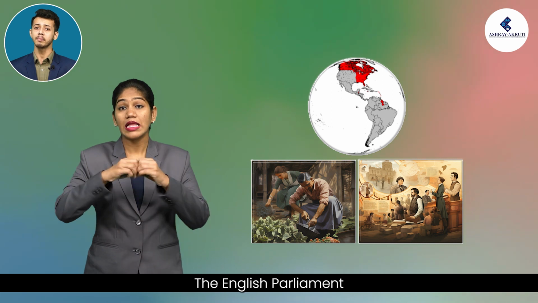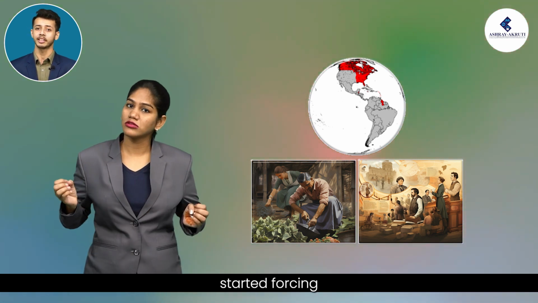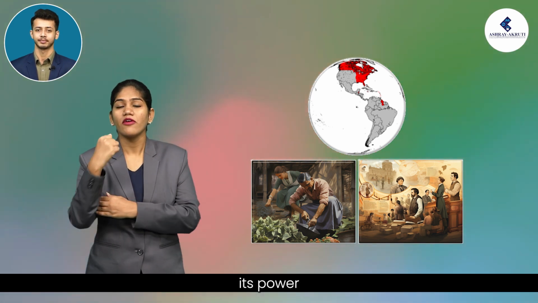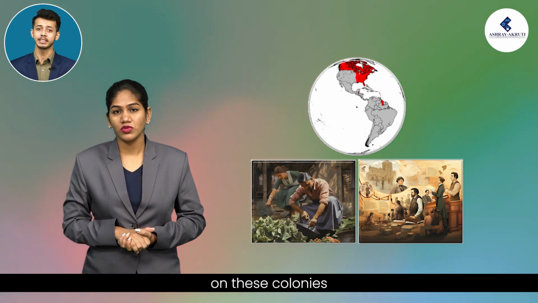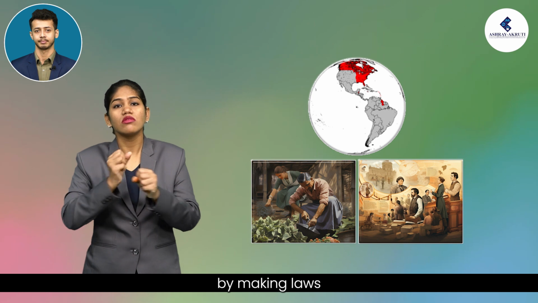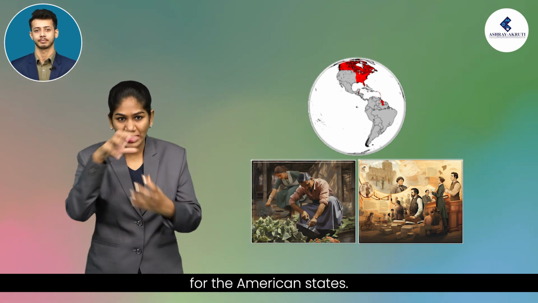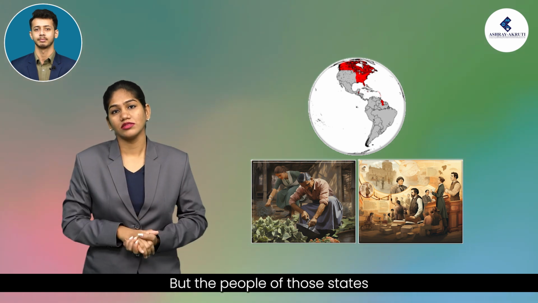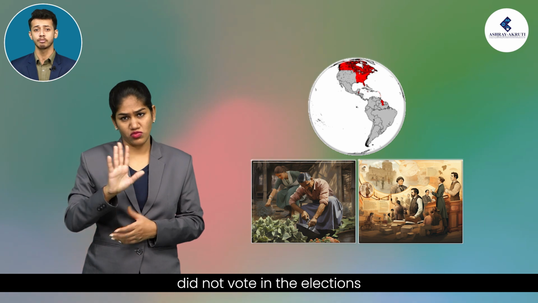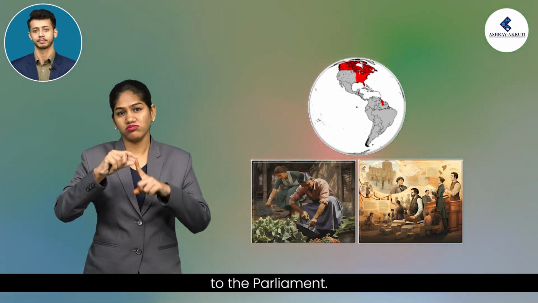The English Parliament started forcing its power on these colonies by making laws for the American states. But the people of those states did not vote in the elections to the Parliament.